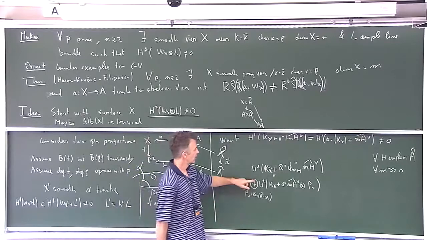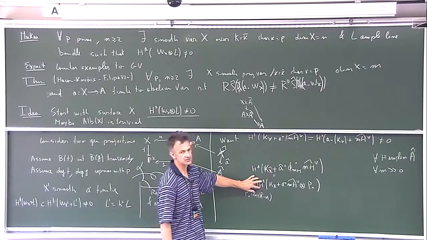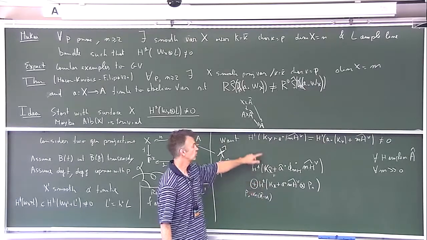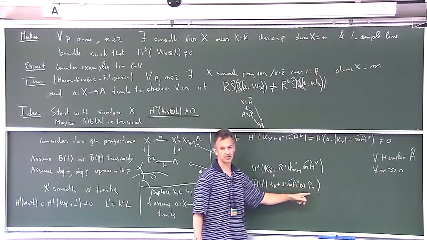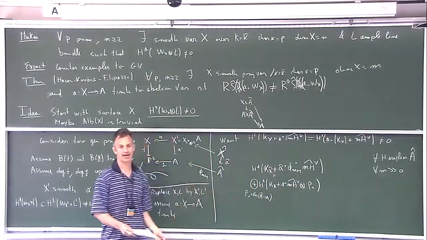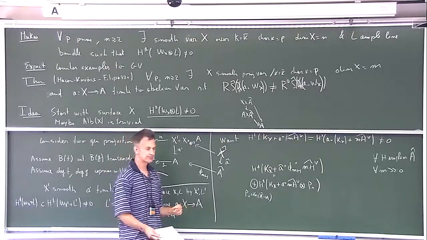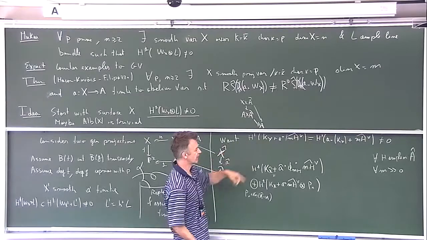So if I show that this doesn't vanish, then I'm showing that one of these doesn't vanish. These all look an awful lot like this. They're just this guy twisted by a topologically trivial line bundle. So with some work, I can make it into a proof. Okay, so what I'm saying is that this cohomology group is closely related to that.